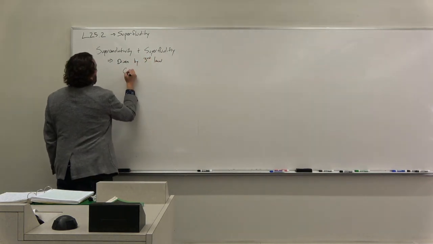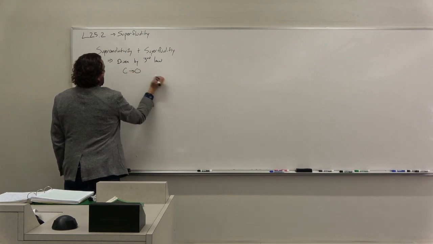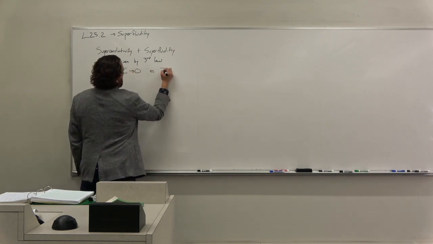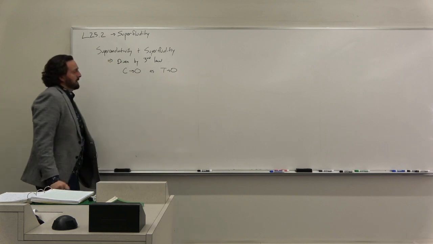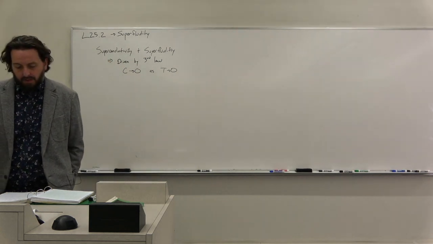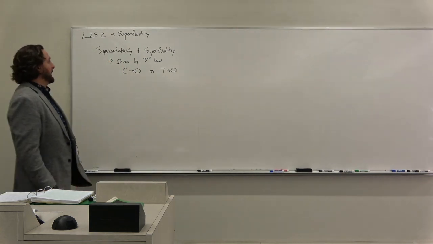That is that we want the heat capacity to go to zero as fast as we can as T goes to zero, right? So that our entropy goes to zero as fast as we can.